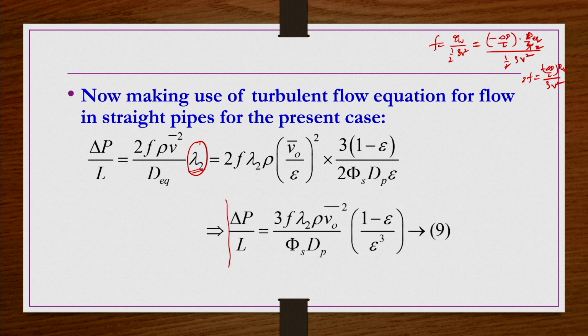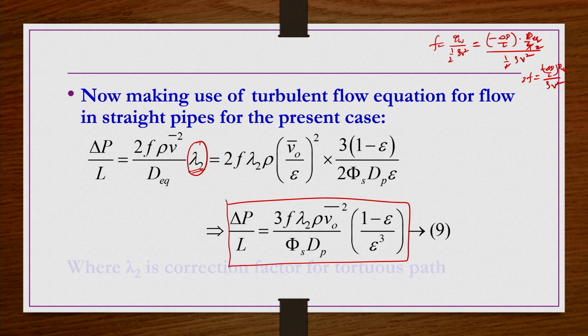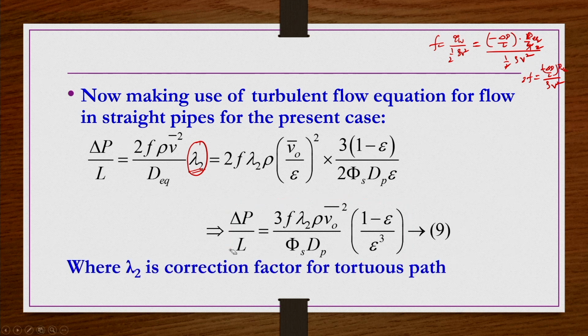So, you will get delta P is equal to 3 f lambda 2 rho V naught square divided by pi s dp multiplied by 1 minus epsilon by epsilon cube. Okay. So, lambda 2 is a correction factor for the tortuosity or tortuous path that exists in the packed bed.